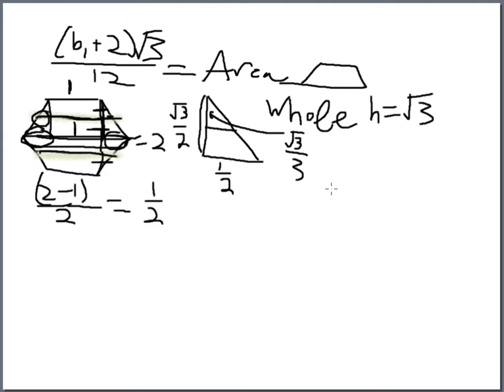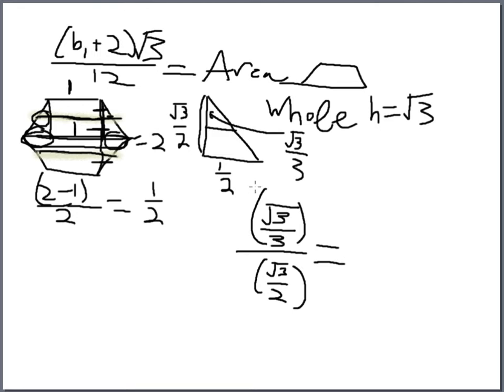So now we set up similar triangles. We're going to have the larger triangle, √3/2, divided by √3/3, is equal to this smaller base. Let's call it bs, for the smaller base, divided by 1/2.